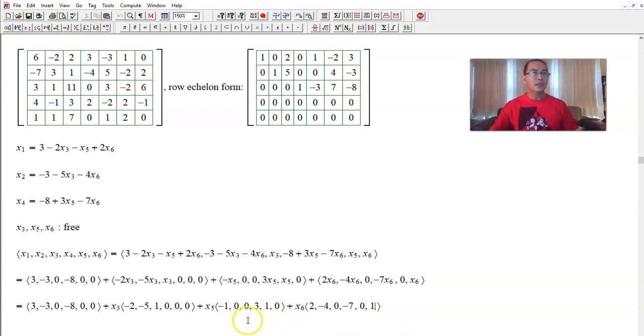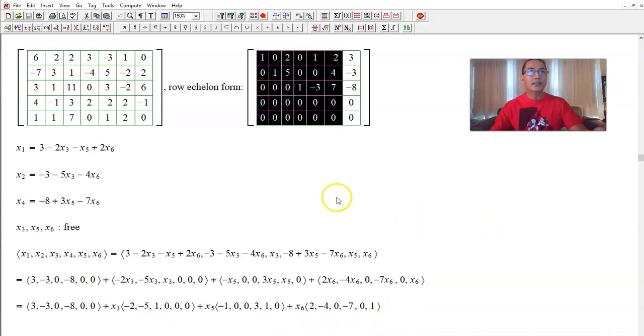Okay, so if that is our xp, these three vectors together should be our xh. So xh is actually three vectors added together, one for each of the free variables. So let's take a look now and see why this sum is from the null space.